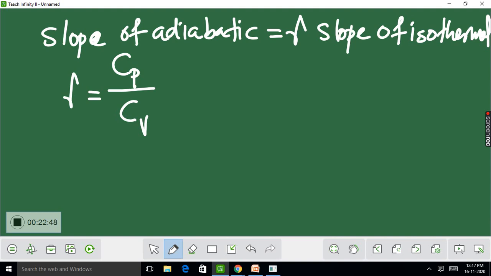We have a relation: Cp minus Cv equals the universal gas constant R. This equation is known as Mayer's equation.